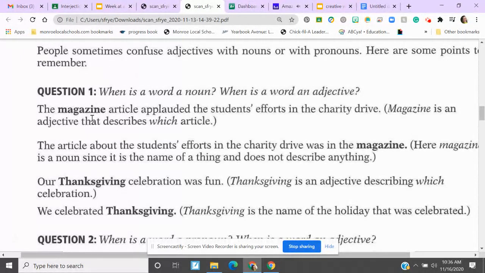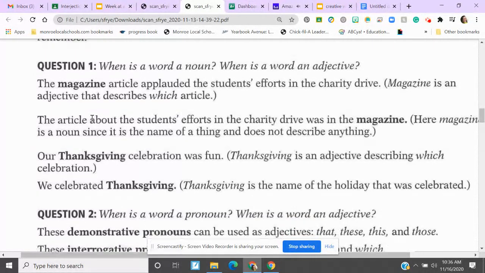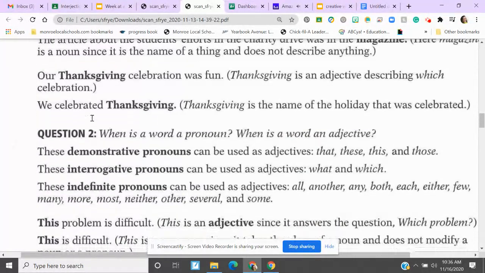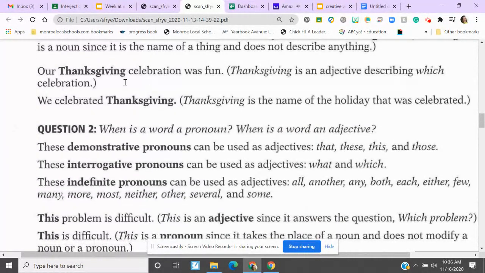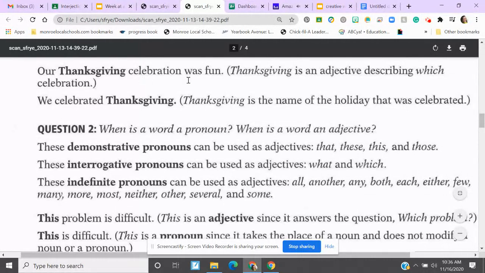So you have to ask yourself, what's happening in this sentence? Look at the example of Thanksgiving. It's used two ways. Our Thanksgiving celebration was fun, and we celebrated Thanksgiving. In we celebrated Thanksgiving, this is a thing, a holiday we are celebrating. Holidays are nouns, right? So Thanksgiving is a noun, it's a holiday, it's a thing.